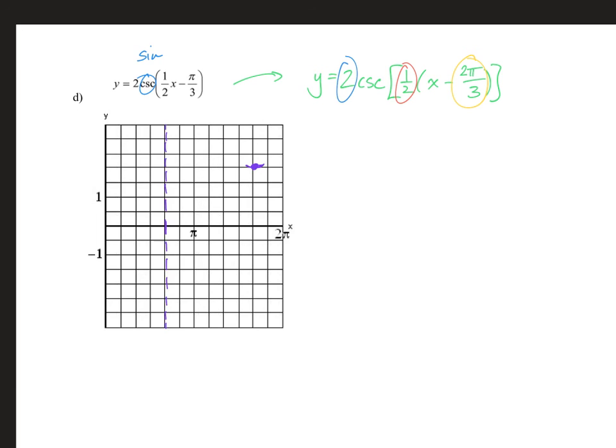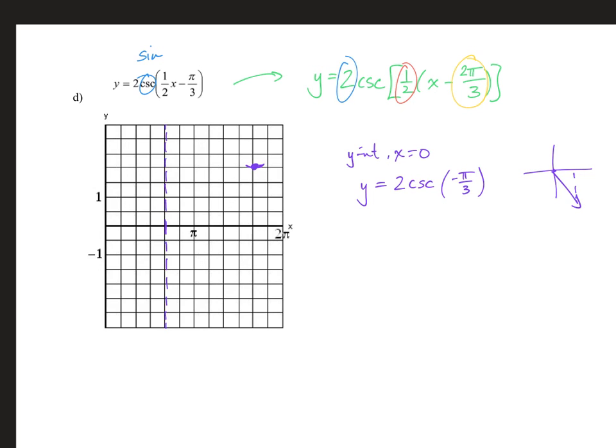Okay, well, the next thing I might do is I might say, what's going on in this interval? So the first thing I might do then is I might find my y-intercept. So to find my y-intercept, I can sub in x equals 0. And when I sub in that 0, it's going to wipe it out, so I have a negative pi by 3. Now I can deal with my picture, and I know negative pi by 3 puts me down here. I almost don't even have to label that diagram anymore.